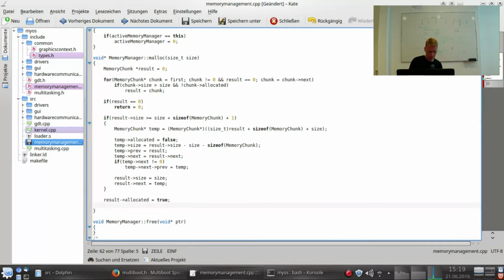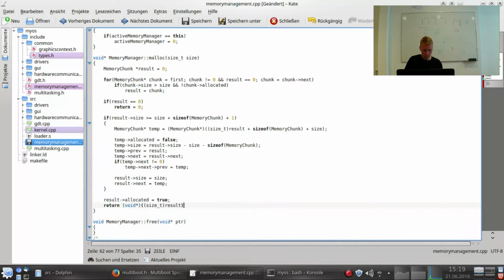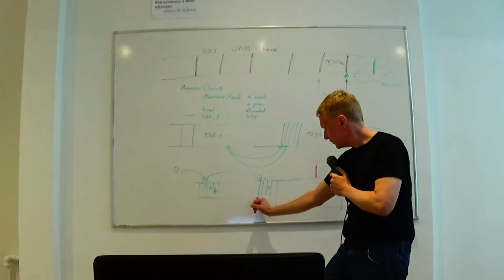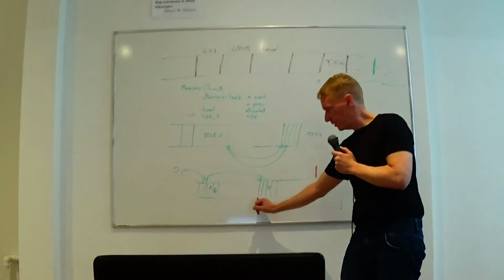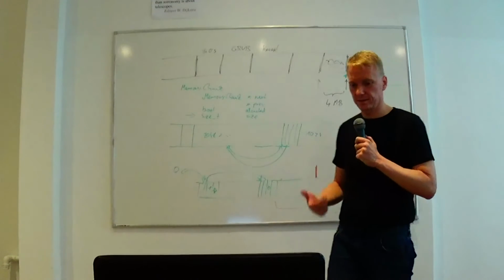And then, okay, so the result pointer points to the start of the memory chunk, and now I return this address plus size of the memory chunk, so this is a pointer to the beginning of the region that I have allocated.